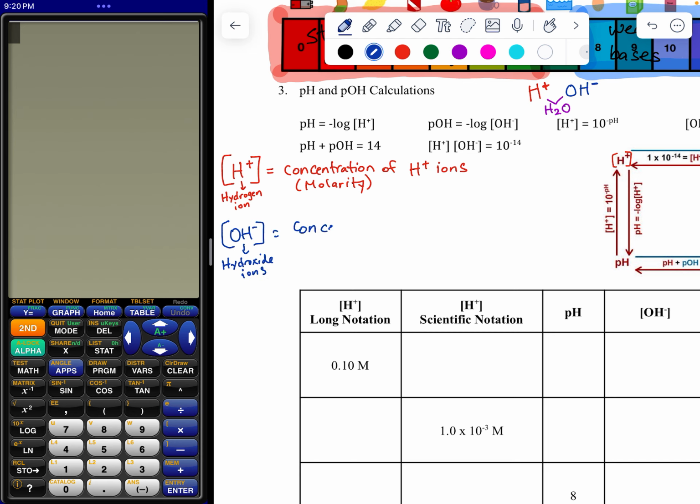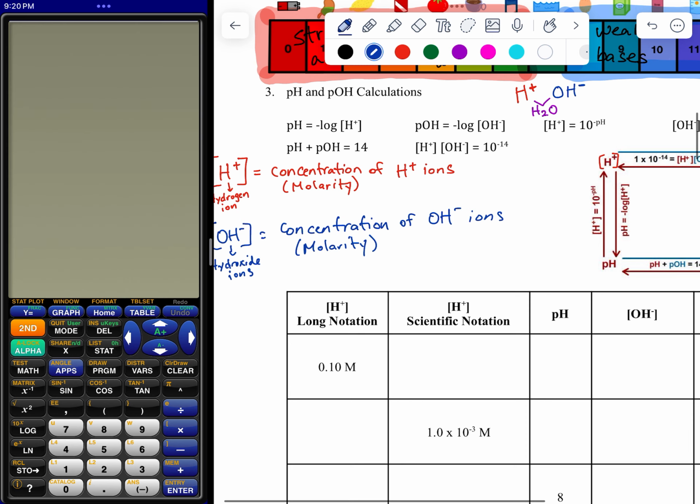And again, that just represents the concentration of hydroxide ions. And we measure that in molarity as well. All right, so that's what these bracketed ions show.